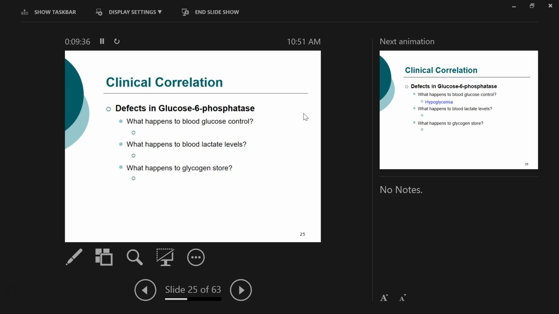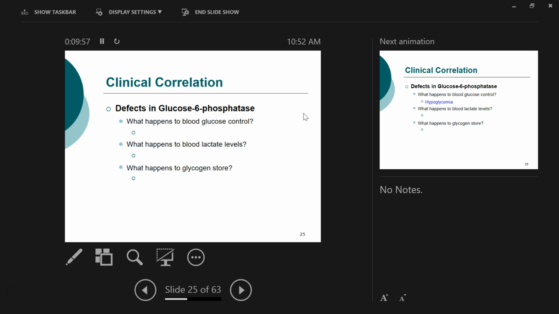So what happens to blood glucose control in a patient with a defect in glucose 6-phosphatase? What happens to the blood glucose level during fasting? It decreases, similarly, right?